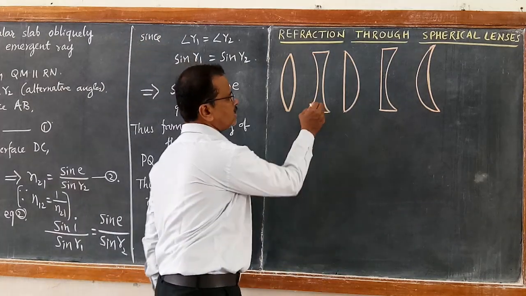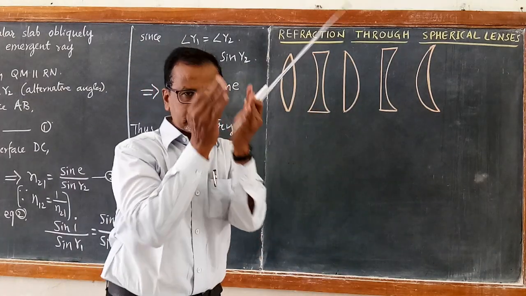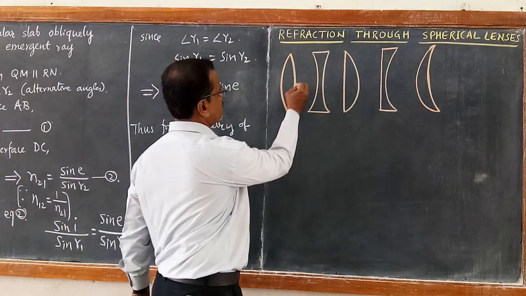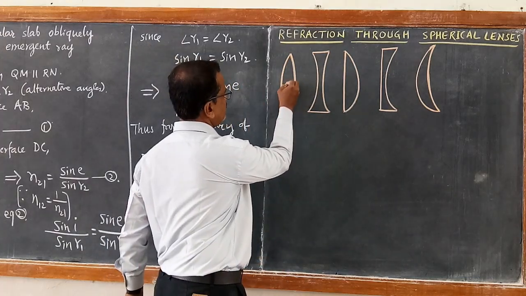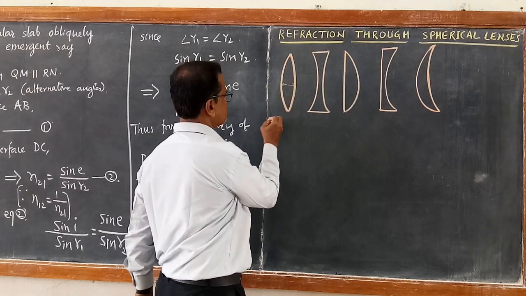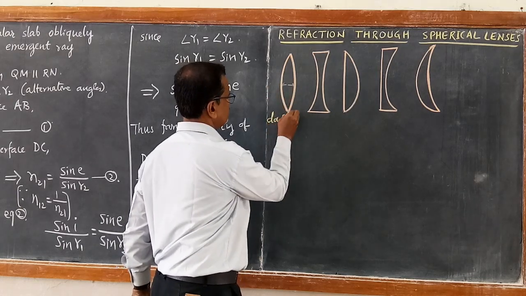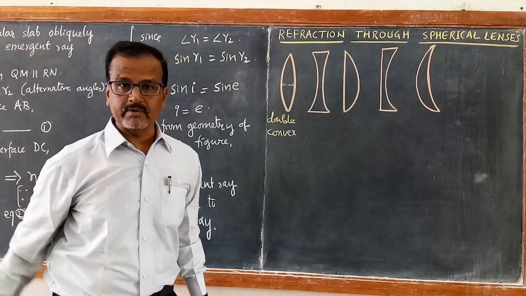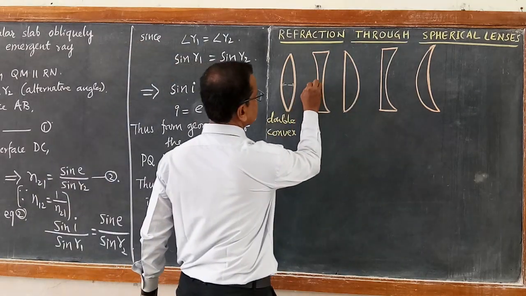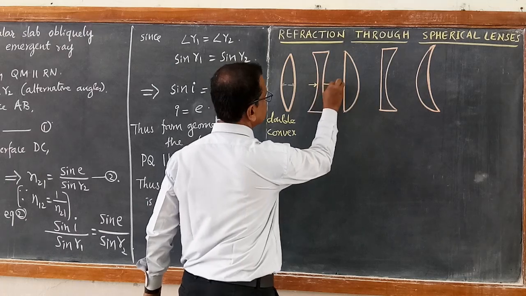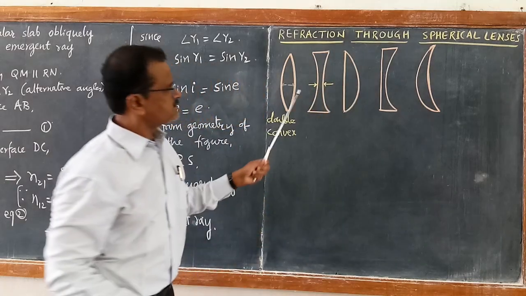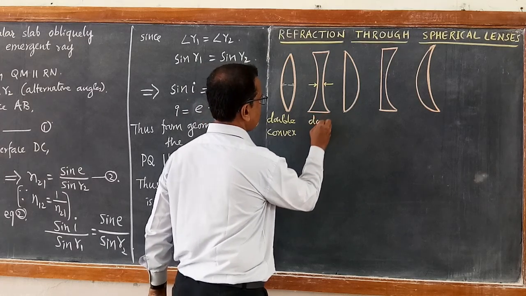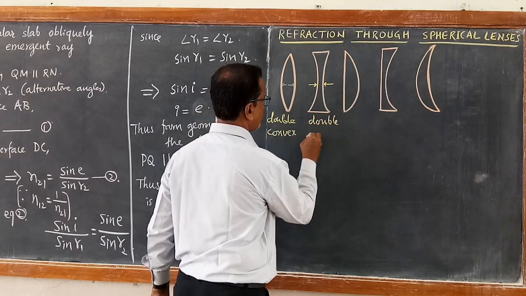This is called a double concave lens. If both the surfaces are bulged inwards, this is called double concave.